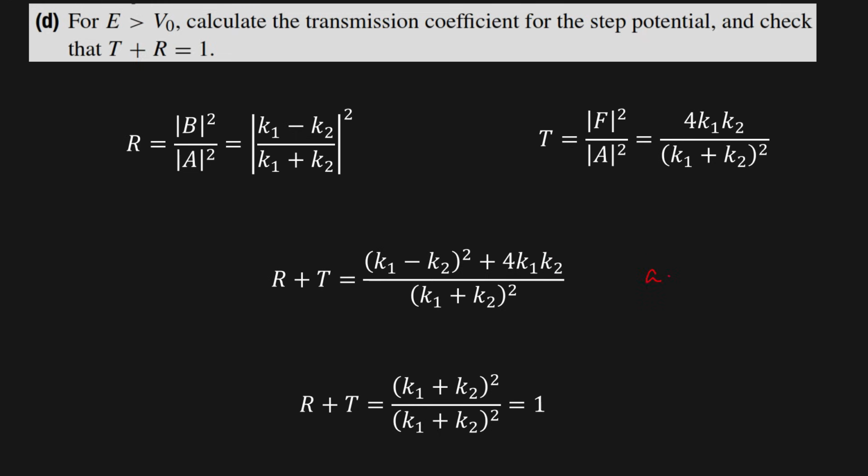A minus B whole squared plus 4AB equals A plus B whole squared. So the numerator will become K1 plus K2 whole squared, equal to the denominator K1 plus K2 whole squared, which is equal to 1. Hence, we proved that the sum of the reflectance and the transmittance is equal to 1.